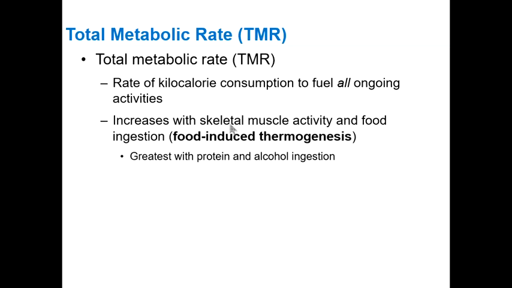So it increases with skeletal muscle activity and, of course, with food ingestion, because the process of digestion, absorption, and breaking down food into nutrients produces heat. That's called food-induced thermogenesis. Thermo means heat. And what creates the most heat is protein ingestion and alcohol ingestion.